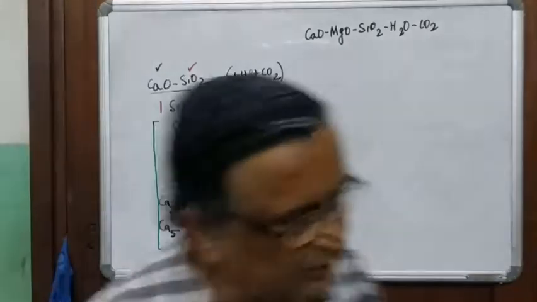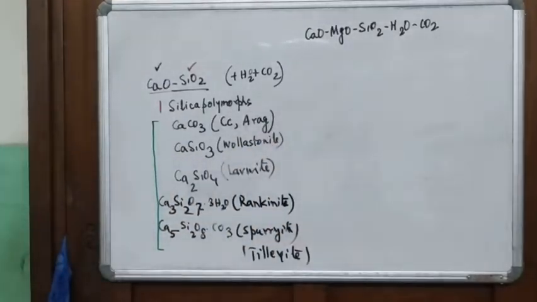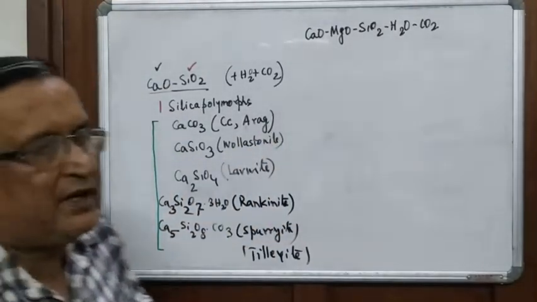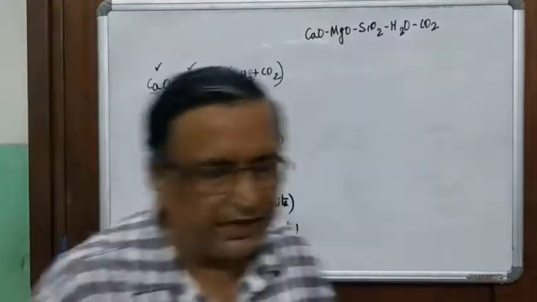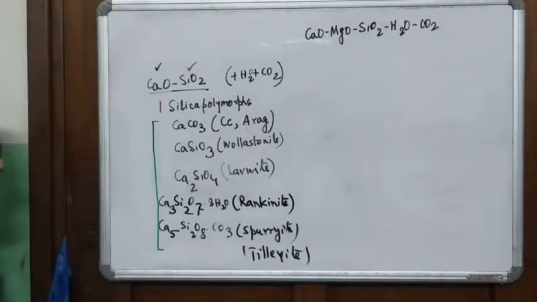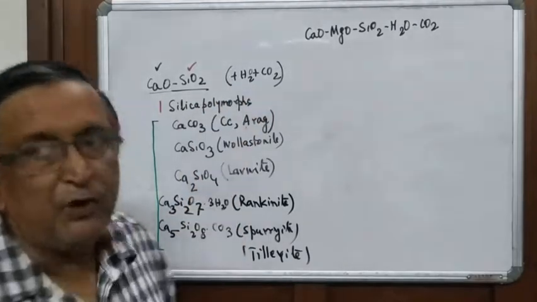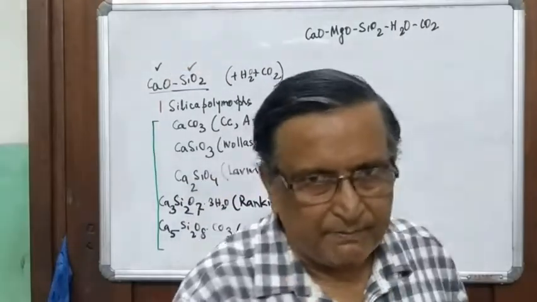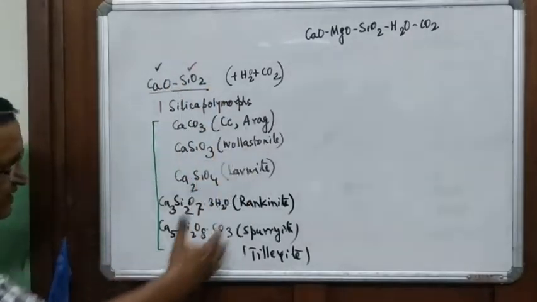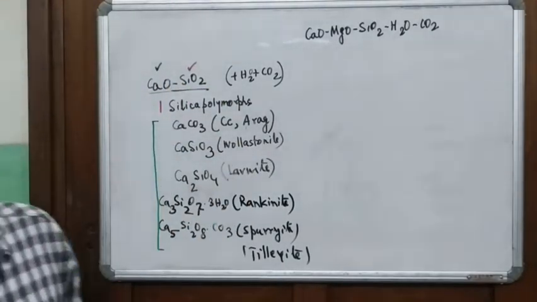I forgot the formula of tilleyite. Now, obviously, all these minerals are not stable at the same pressure temperature condition, but there it is. So the moment you increase the number of system components, the number of phases that come in become higher and higher.